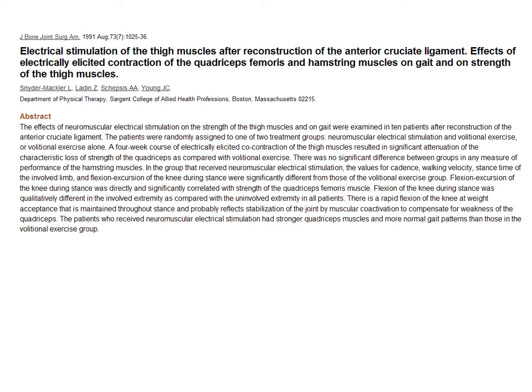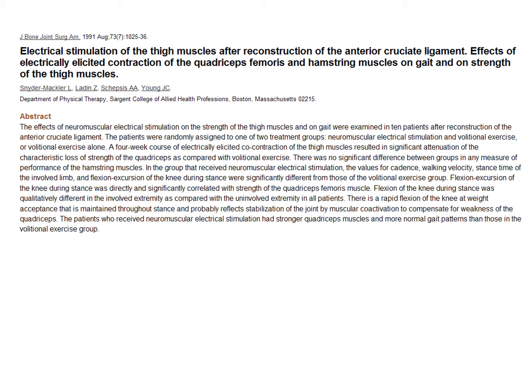But the interesting point here is that all we see is a post-test analysis of the dependent variable. The dependent variables in this particular study were strength of the thigh musculature as well as gait parameters. Again, if we're dealing with individuals prior to surgery, if we evaluate strength or we evaluate gait, that likely isn't going to give us an accurate depiction of how these individuals are functioning.